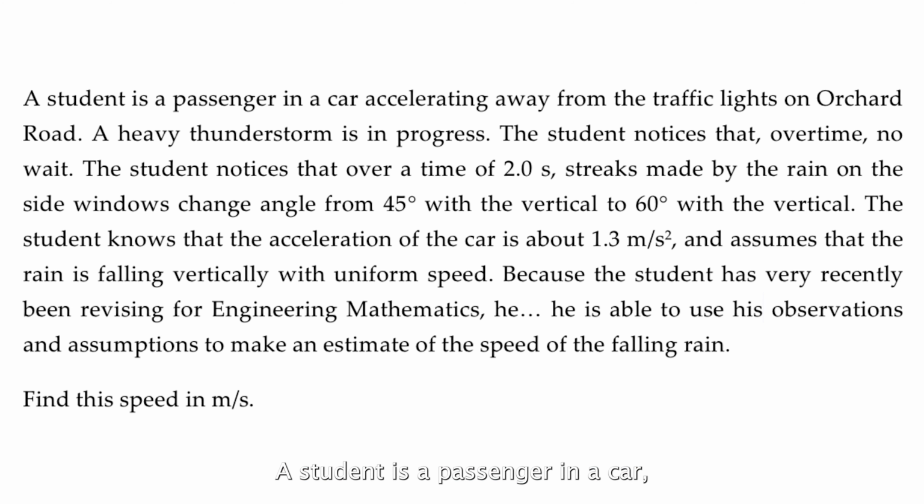A student is a passenger in a car accelerating away from the traffic lights on Orchard Road. A heavy thunderstorm is in progress. The student notices that over a time of 2 seconds, streaks made by the rain on the side windows change angle from 45 degrees with the vertical to 60 degrees with the vertical.